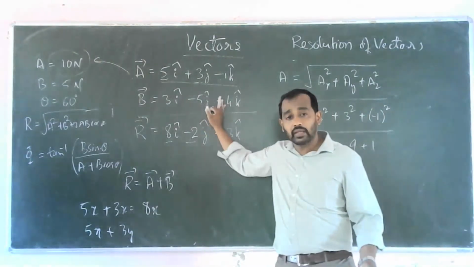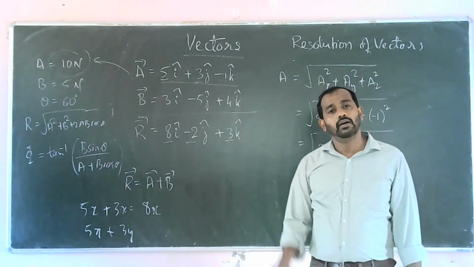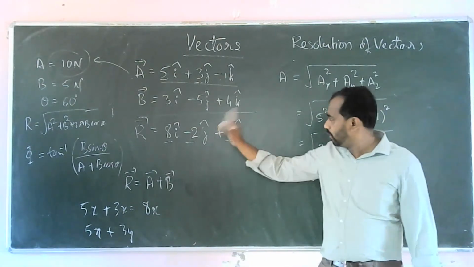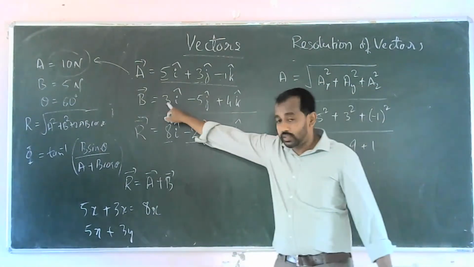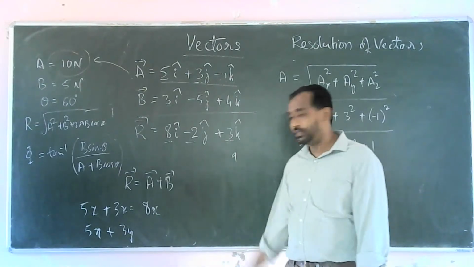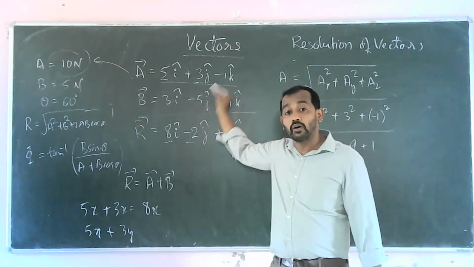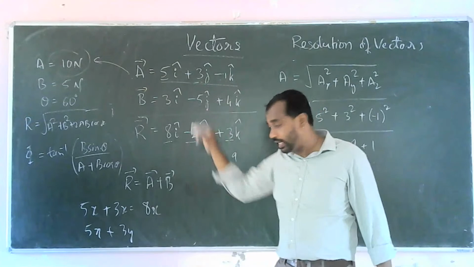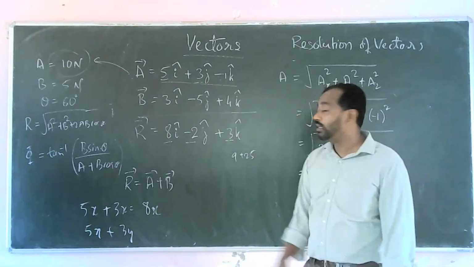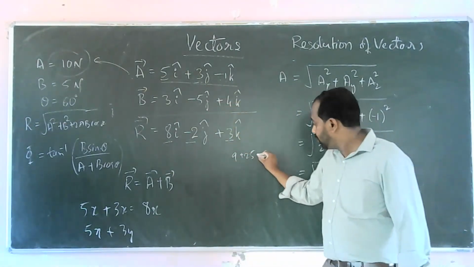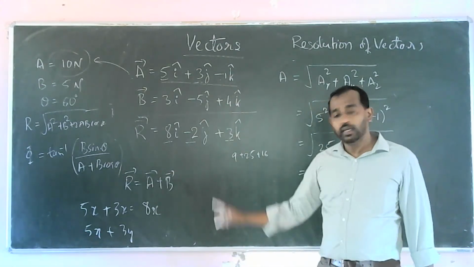Similarly, can we find out the magnitude of vector B? In the same way. What is the magnitude? Square of 3, which is 9. Square of minus 5, which is again plus 25 itself. Square of 4, which is plus 16.